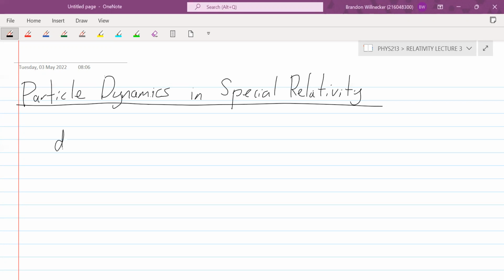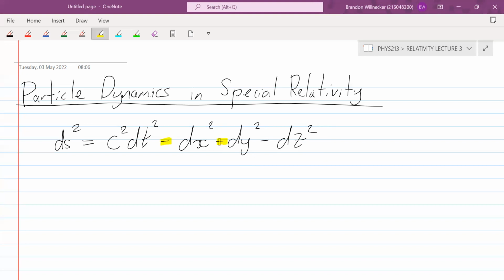We had ds squared is equal to c squared dt squared minus dx squared minus dy squared minus dz squared. We said this was just a slight variation on the Euclidean distance, but now we've got this minus sign over here. And this ds just stood for distance, like you would use in Pythagoras.